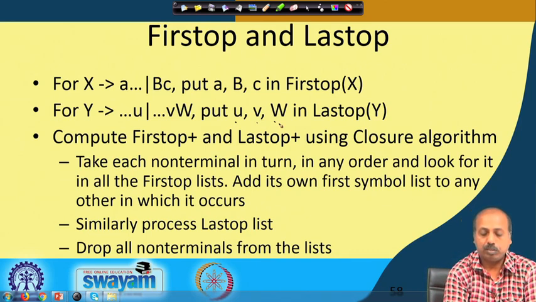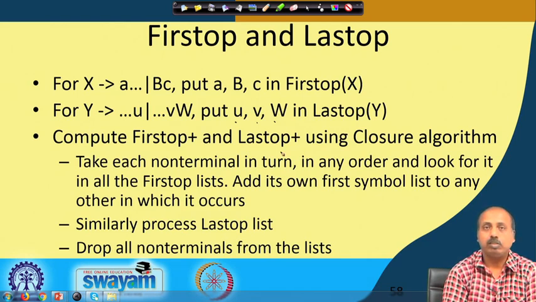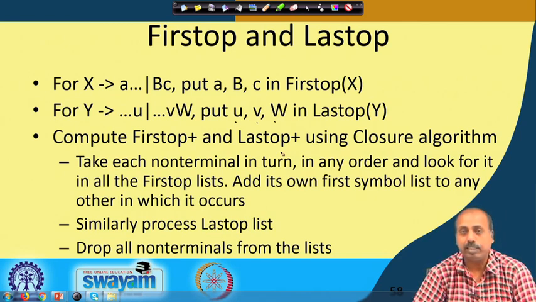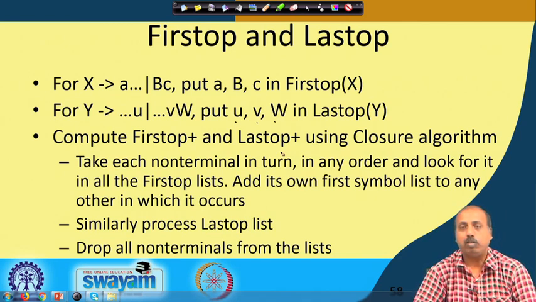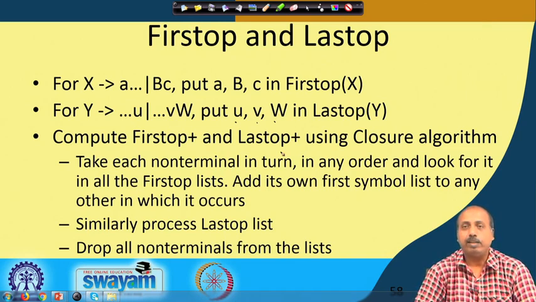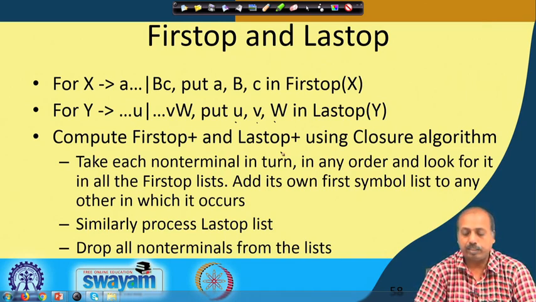Now, we compute first of plus and last of plus using the closure algorithm. The closure algorithm is like this: we order the non terminals in some fashion, take the first non terminal and look for it in all the first of lists. Then you check whether that particular non terminal appears in the first of list of any other non terminal.